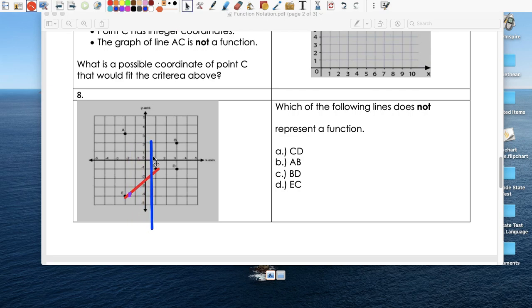Keep moving it, and if I move it over here, the red line and blue line meet only over here. If there's only 1 point of intersection as you move this vertical line across, then it's a function. If it's more than 1 point of intersection, it's not a function. And that only happened with BD. So that was a function, that was a function, and this was a function. Okay? That's it.